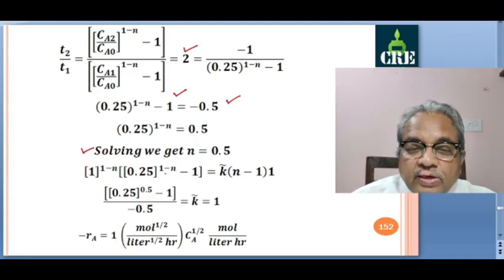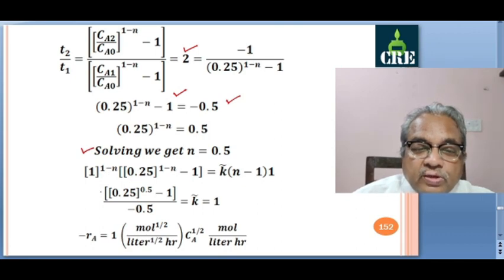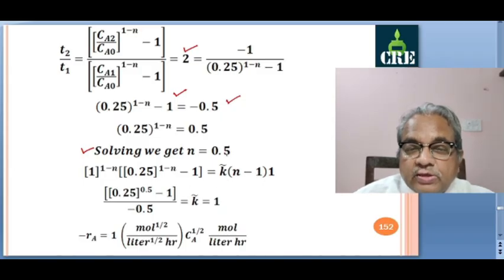Substitute this value of n in any of these data points. I substitute it in the first one, that is Ca1 and T1. So Ca1 is equal to 0.25, T1 is 1, n is 0.5. So what I get here: 1 raised to anything is 1, 0.25 raised to 1 minus 0.5, that is 0.5, minus 1, divided by n minus 1, n is 0.5, so 0.5 minus 1, that is minus 0.5.